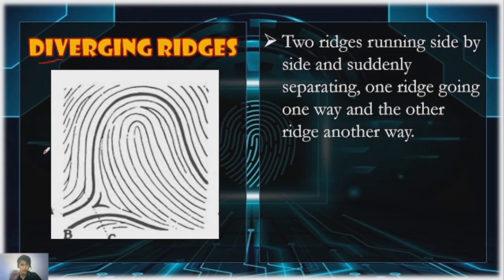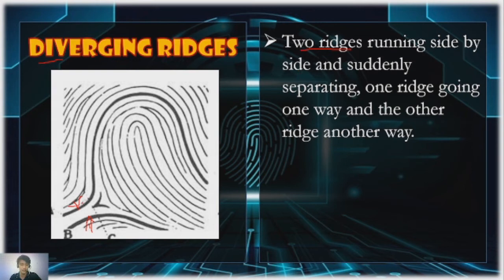Okay, as we have here an illustration, we have here the diverging ridge. Bakit nasabi natin na these are the diverging ridges? Why is it said to be the diverging ridges? Because it says in here two ridges running side by side.